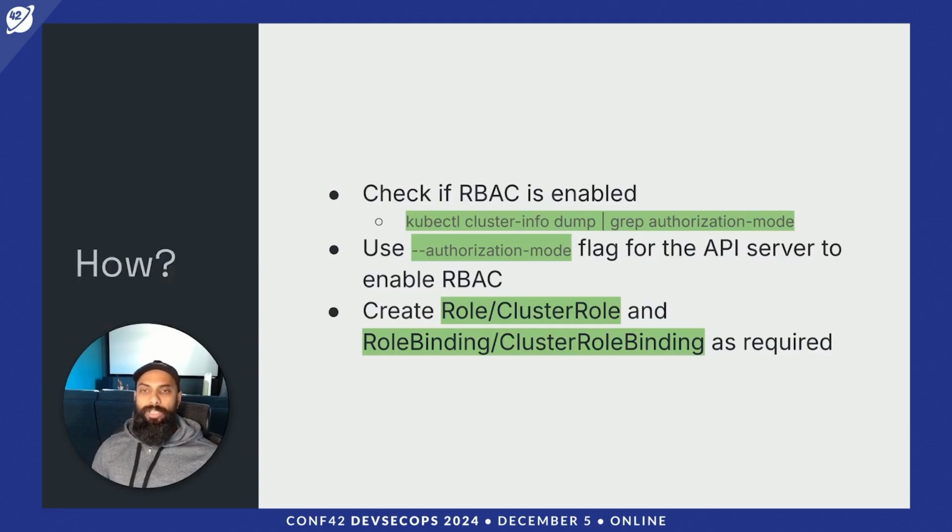If not, you can enable it using the authorization-mode flag for the API server while creating or patching the cluster. For example, setting the authorization-mode flag to RBAC,Node will enable both RBAC and node authorization on the cluster. Once RBAC is enabled, you can create roles and role bindings, so either Role or ClusterRole or RoleBinding or ClusterRoleBinding to control access to your resources.